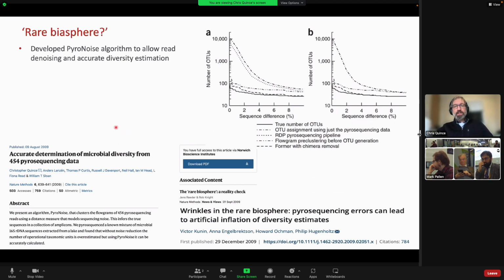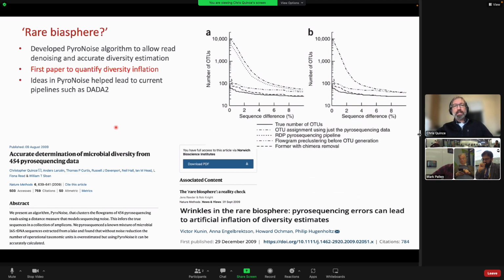So I published that along with an algorithm for removing the errors from 16S sequence. And that's the critical thing here. If you're going to do anything with diversity, then you need to correct for sequencing and PCR errors. Now, nowadays, my algorithm is not used at all, and that's because it was designed for 454 data, and it was quite specific to that data type.